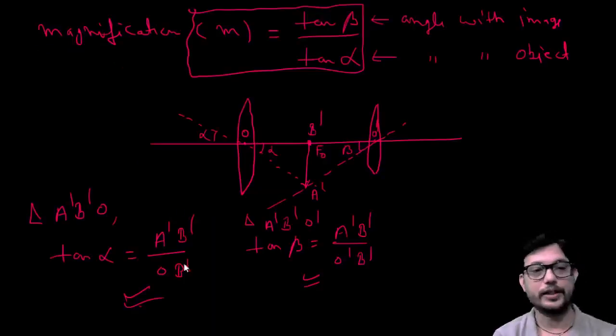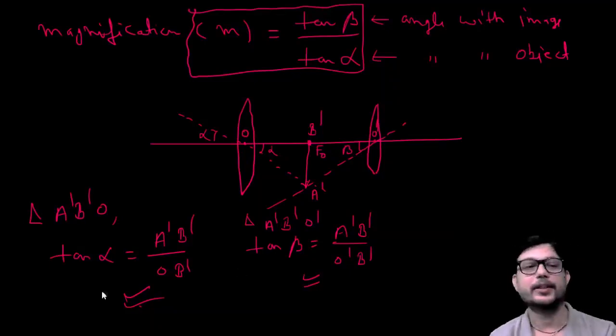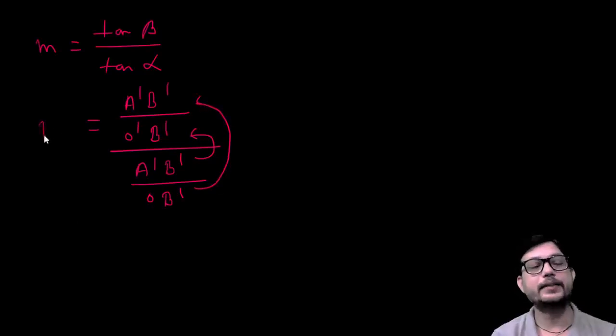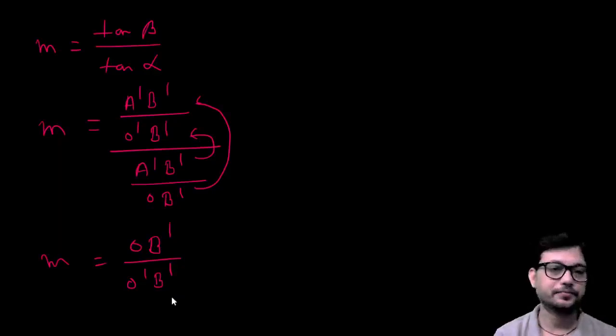Now as you know that these two are multiplied, the value of small m that we get will be OB dash divided by O dash B dash.